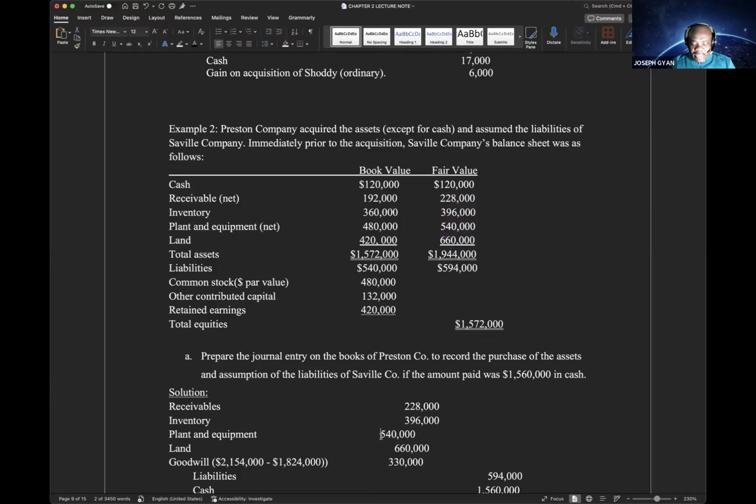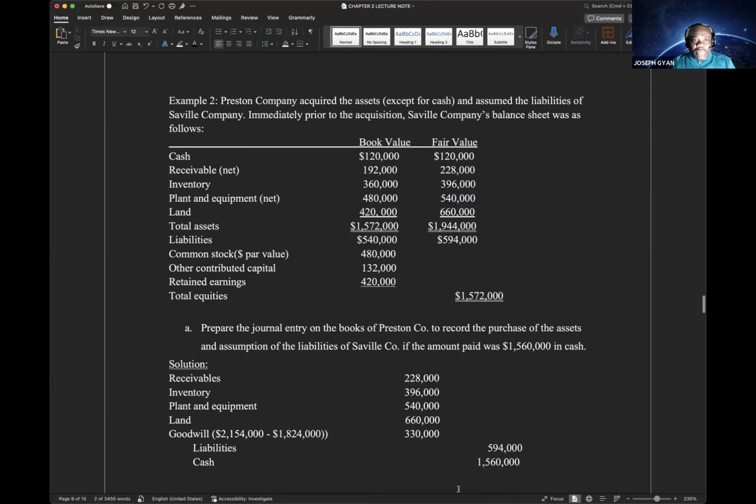Then we have to credit the liabilities, which in this case, the liability amount is, give me one second. The liability here is only 590. We are giving them cash because it says here, assuming the company paid cash, the consideration we are giving is cash. So we credit the cash.